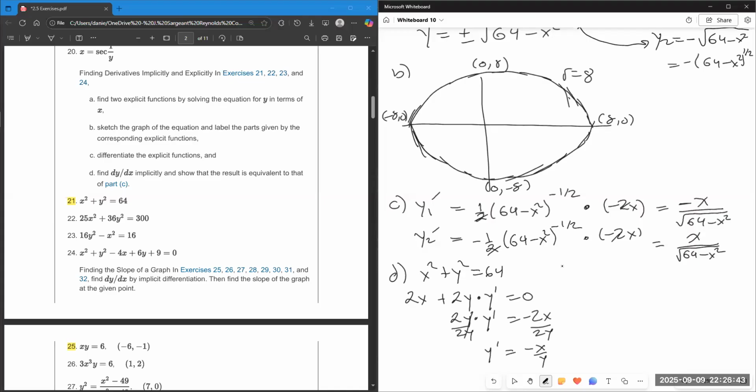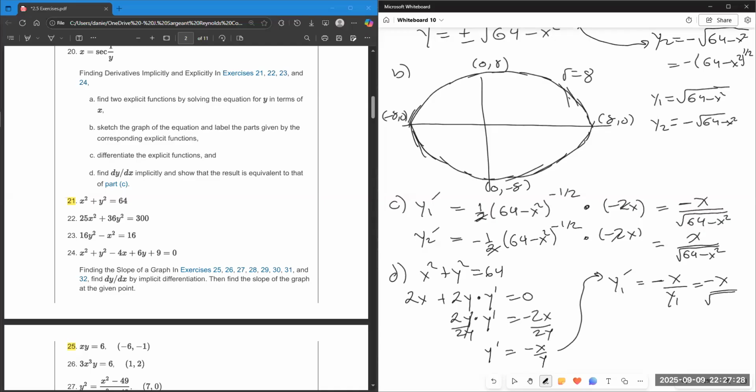Let's go ahead and break this up now into y1 prime, which is negative x over y1, is a negative x over, and then y1 is right there. Remember, y1 is root 64 minus x squared. y2 is a negative root 64 minus x squared. I have those written up here. Maybe you can see them, maybe you can't.